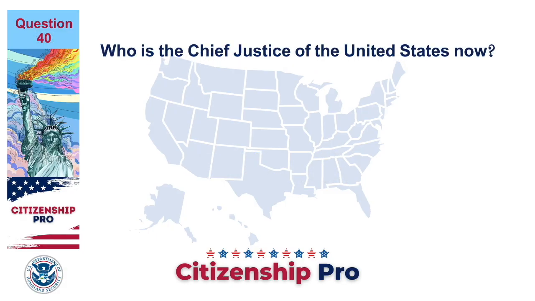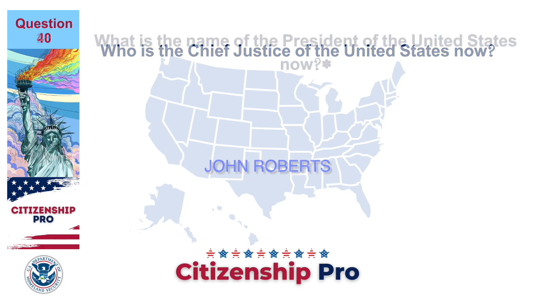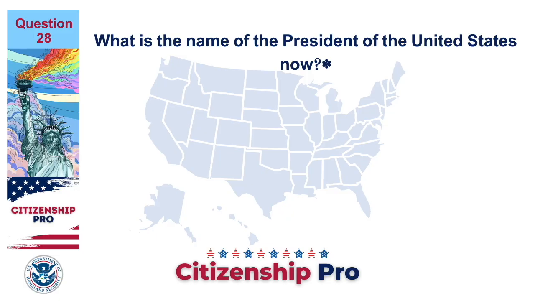Who is the Chief Justice of the United States now? John Roberts. What is the name of the President of the United States now? Donald Trump.